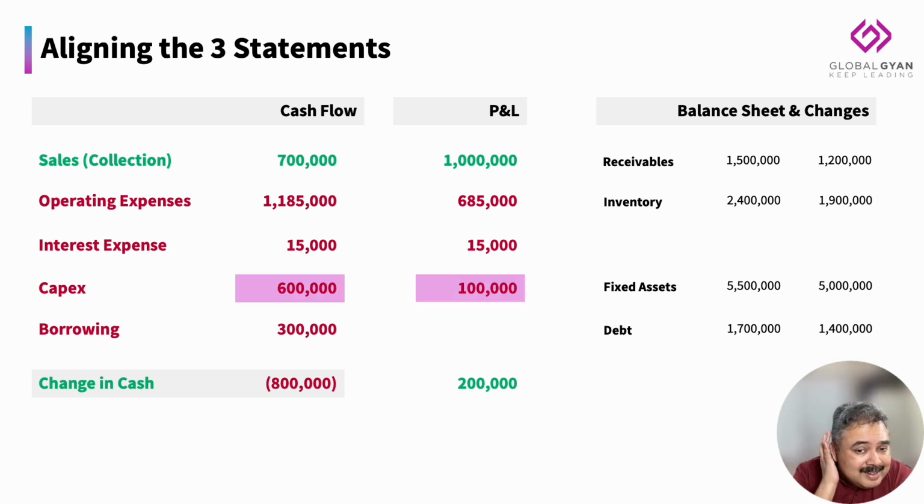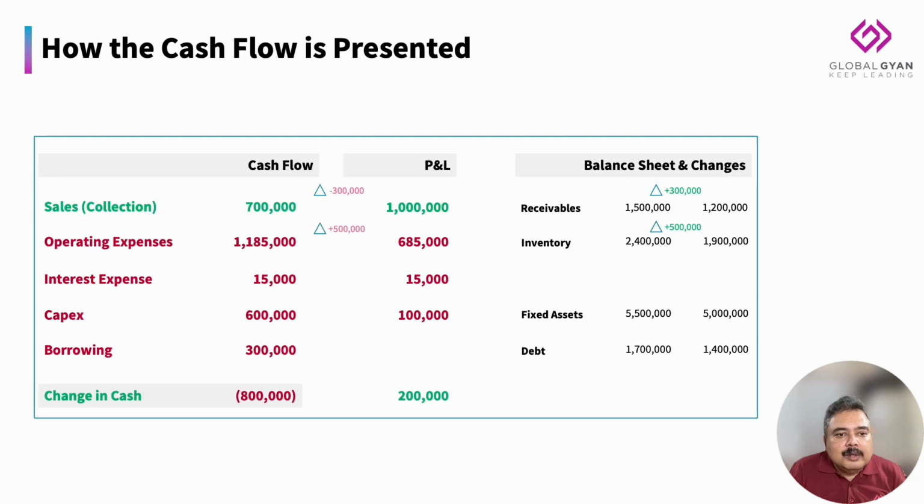And the debt, right? The debt increased from 1.4 to 1.7, and that's the borrowing. The fact that I've increased my debt is not reflected in the P&L because it probably didn't have an immediate impact. Maybe next month's interest expense will go up. So here's where we've gotten to.